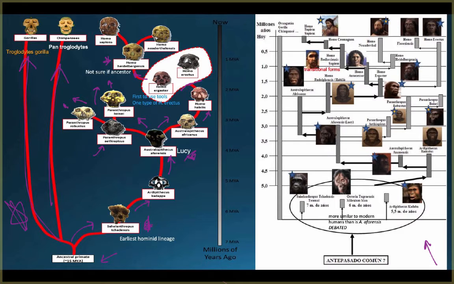But for the sake of here, and because it hasn't been completely disproven yet, it's very similar to the ergaster and the erectus, that they have it here. And then you can see at this point, you have the Neanderthals that are there, and Homo sapiens that goes off.